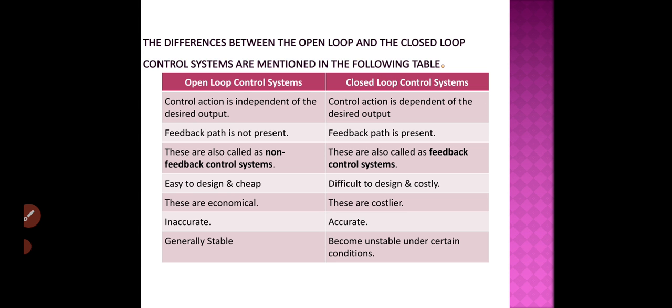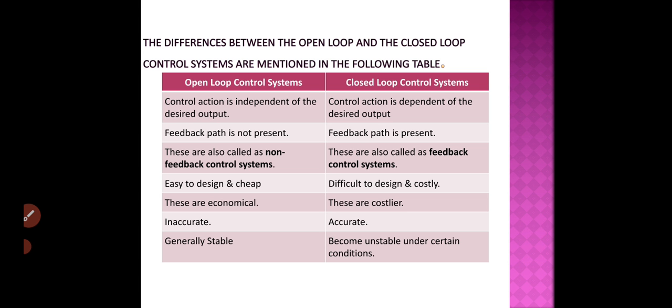The second point: a feedback path is not present in an open loop control system, but a feedback path is present in a closed loop control system. Then, an open loop control system is also called a non-feedback control system, and the closed loop control system is also called a feedback control system.